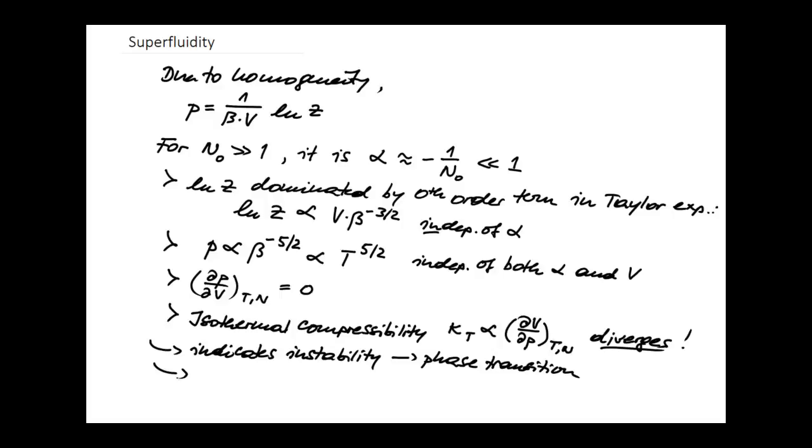I mean, it's never truly infinite, but a typical signature is that you have a peak in compressibility, and this is suggested by our result here. In this idealized treatment, we have a diverging compressibility, and we can view that as a signature of superfluidity.